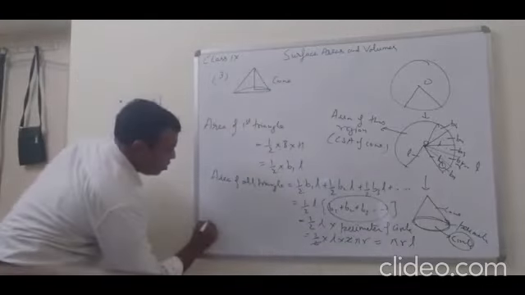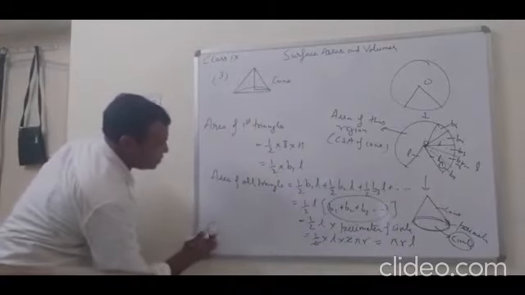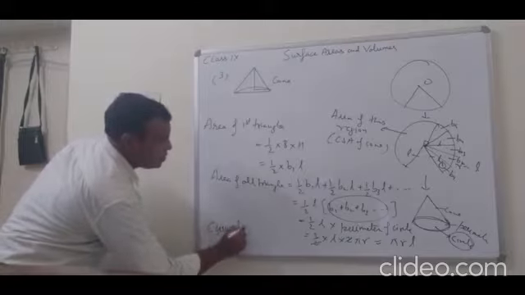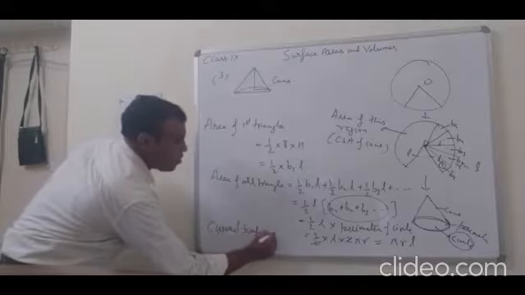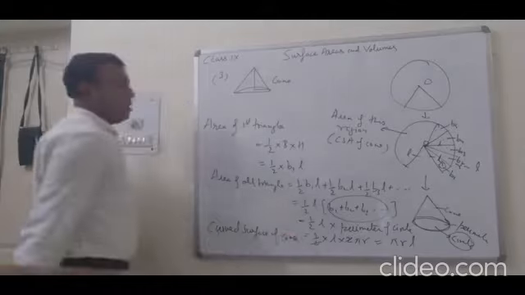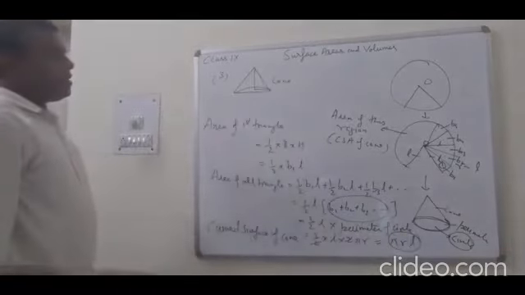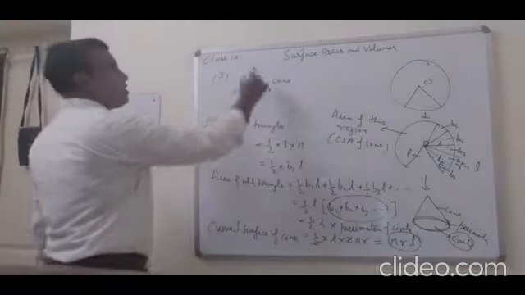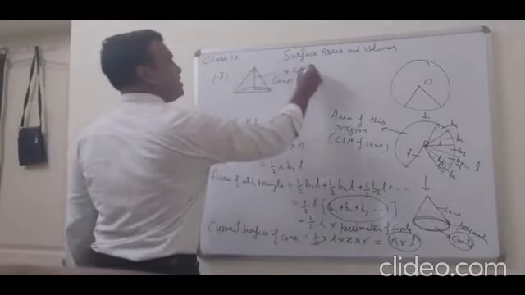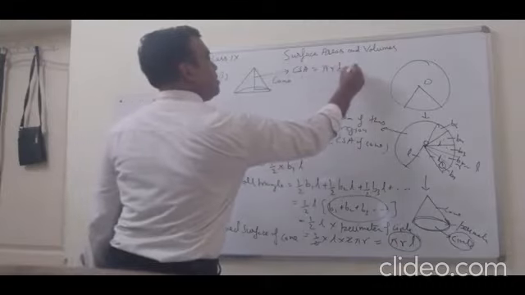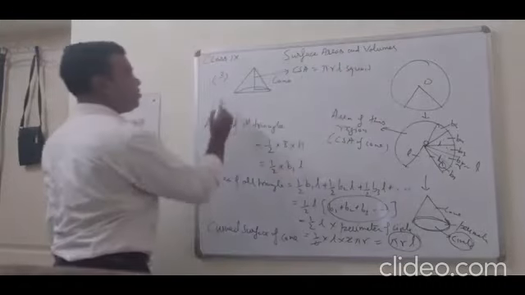This is also called the curved surface area of cone. Curved surface area of cone is pi r L. Now we have to find the total surface area of cone. The CSA is pi r L square unit. Now what is the total surface area?